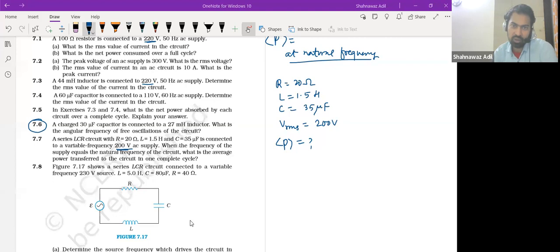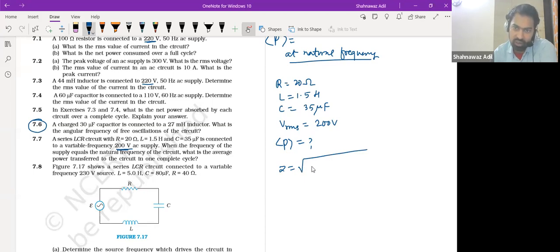Impedance is 20 ohm. I got power 2000 watt. Good. So did they ask to calculate impedance? Okay, so you calculated the impedance, right? That is good.